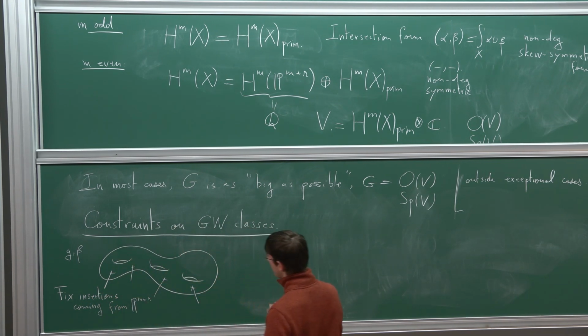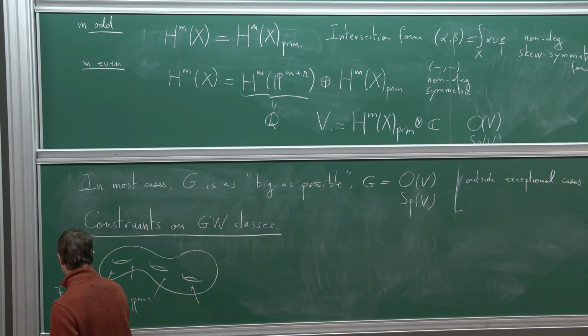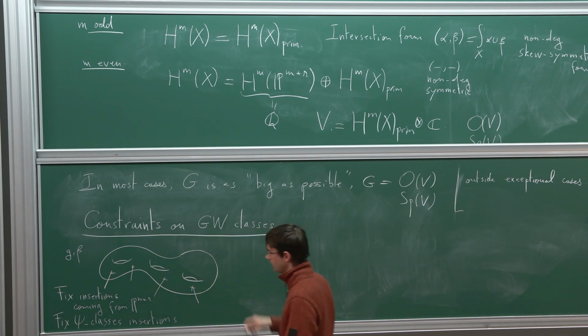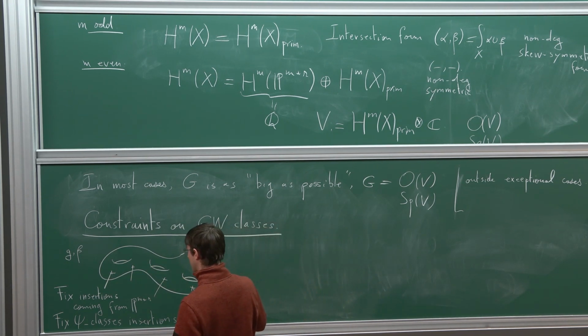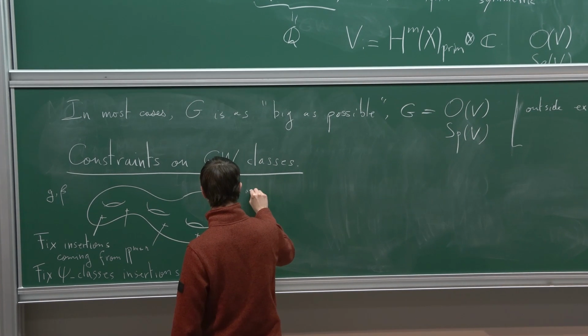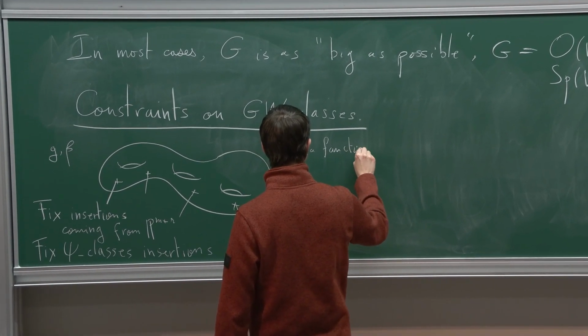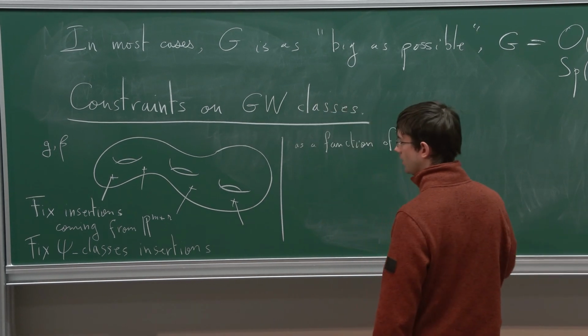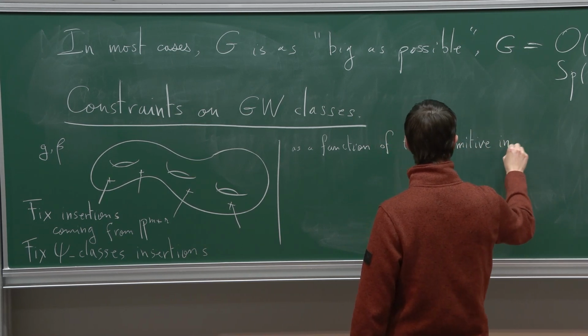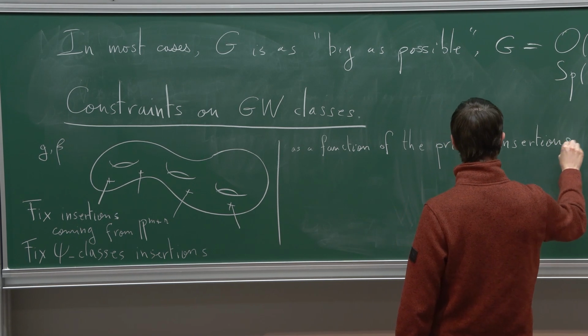And actually, in this story, I also want to allow psi class insertions. So I also fix psi class insertions: I fix some integer for every marked point, which tells me which power of the psi class I insert. And I view the result as a function of the primitive insertions.